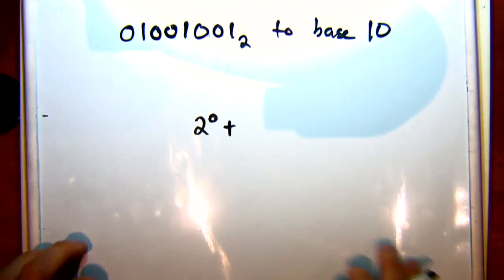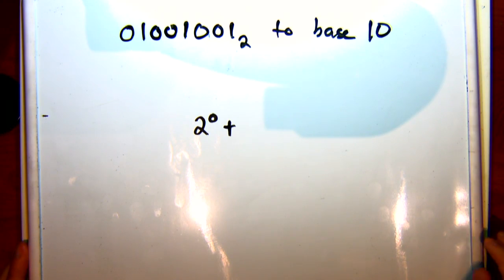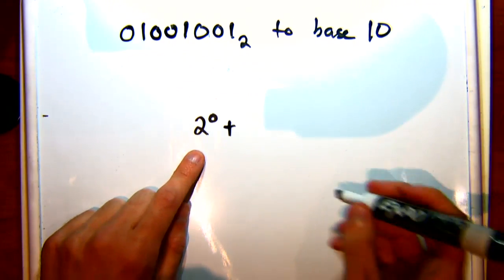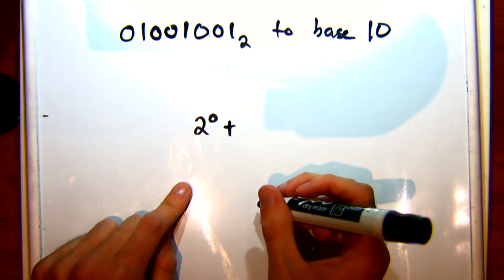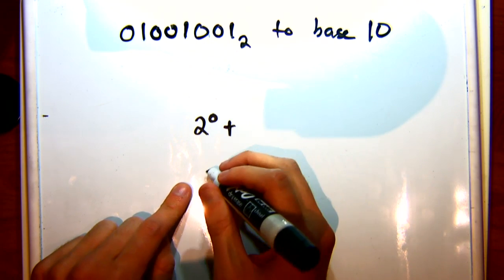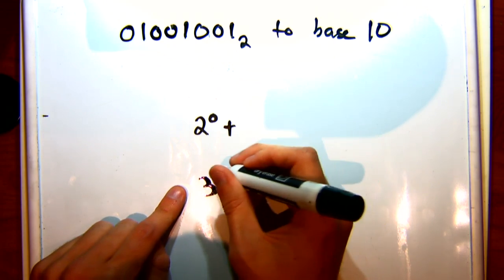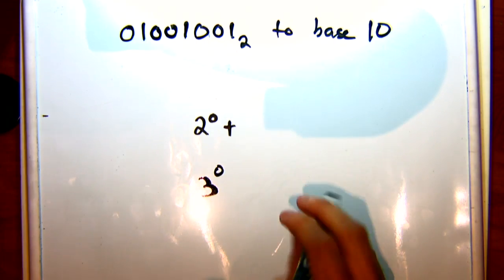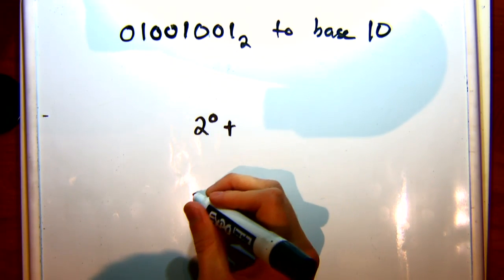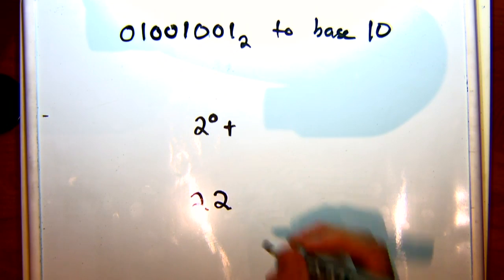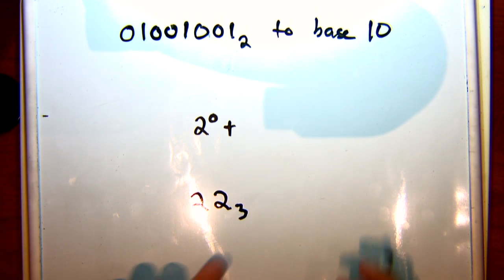And for other bases, you would do basically the same thing. So if this were base 3, you might have something like 22 in base 3, right?